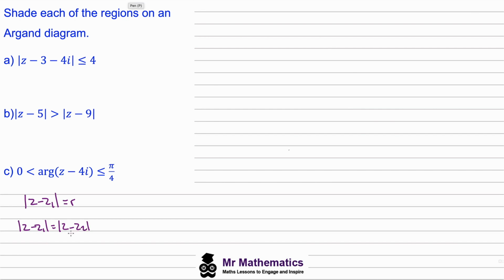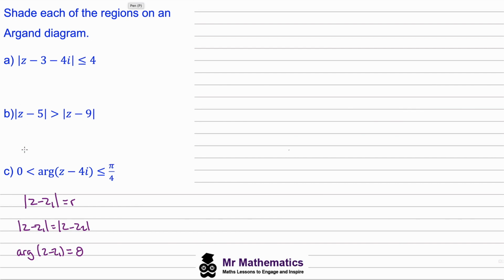And what this tells us is that the distance between a general point and a fixed point is equal to the distance between a general point and a different fixed point. And the final property involves the argument, where we have the argument of z minus z1 is equal to an angle theta.